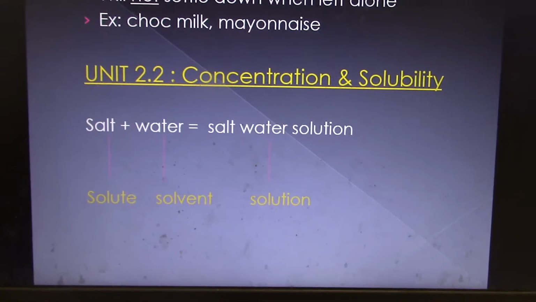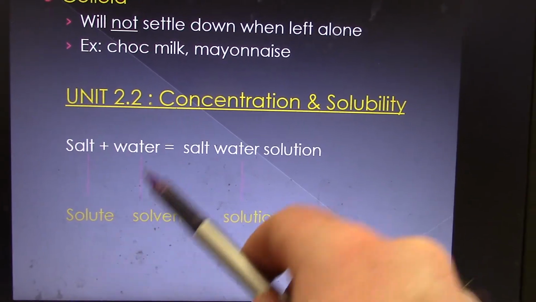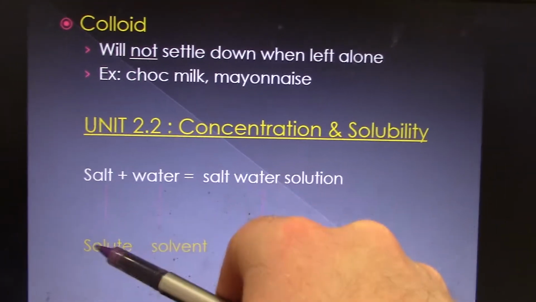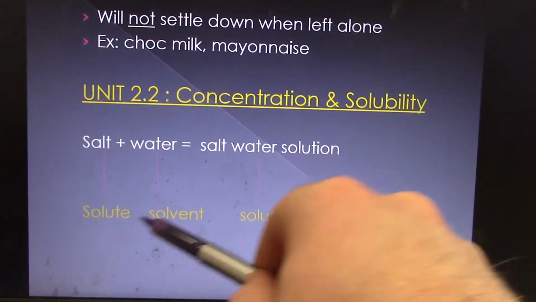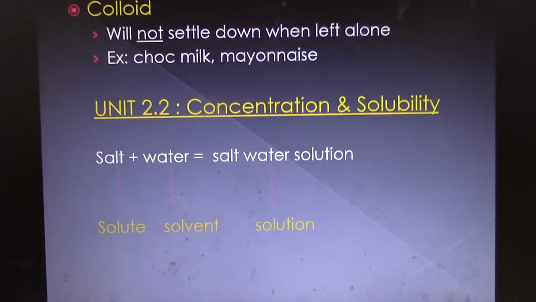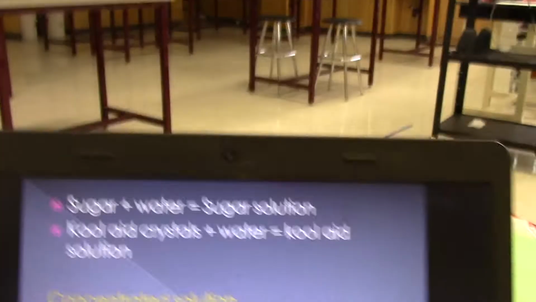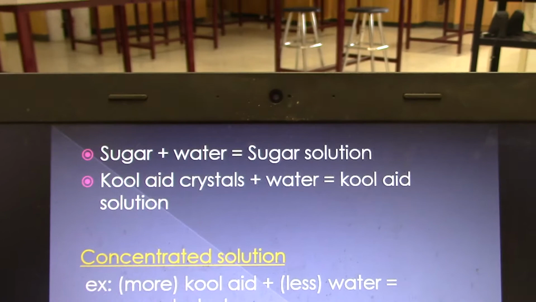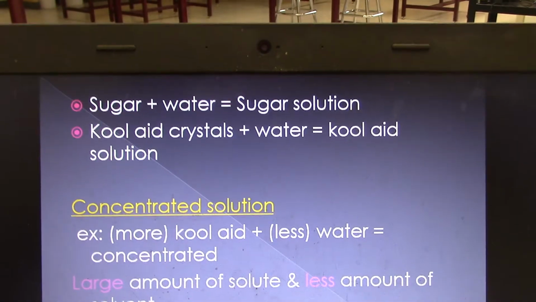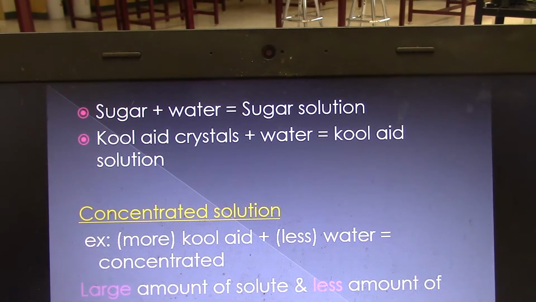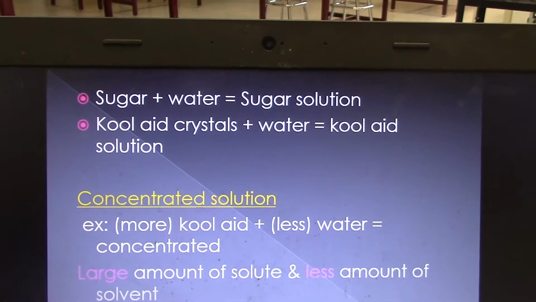Okay. So if we have more solute in a solvent, that would be a more concentrated solution, right? If there's less solute inside a solvent, that would mean a more dilute solution. Here's a common example that you might have used at your home: adding Kool-Aid drink crystals into water.